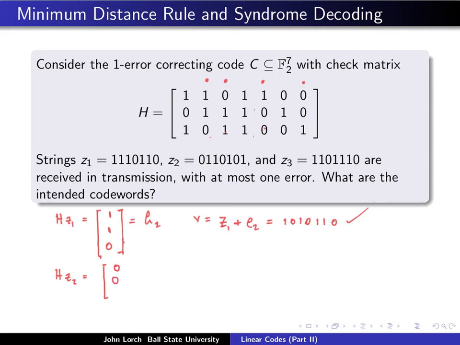And now in the bottom, we have a 0 plus 1, plus a 0 plus a 1, and that's 0. So that means that V is just equal to Z2. That means that no mistake was made. Okay, and I think I'll let you all handle Z3.